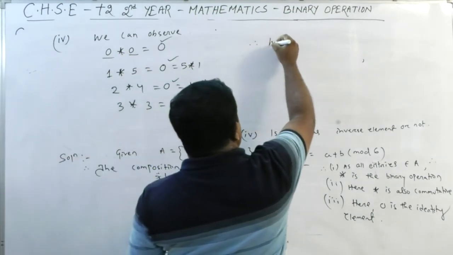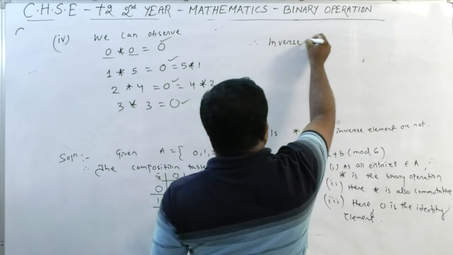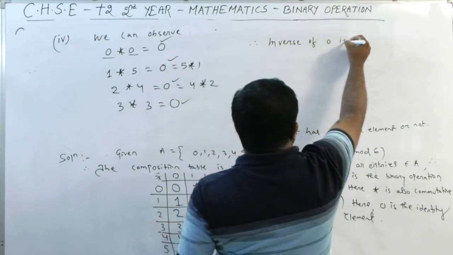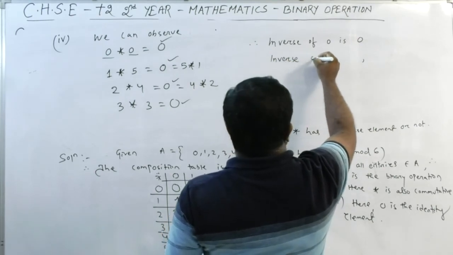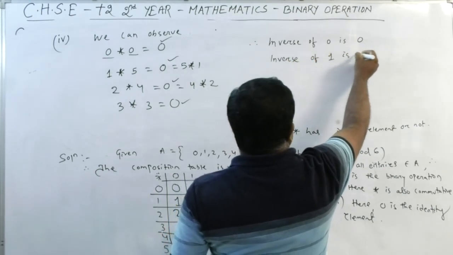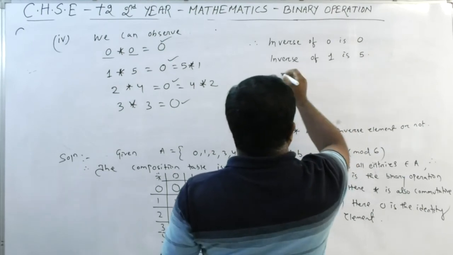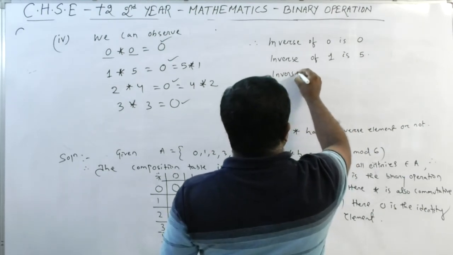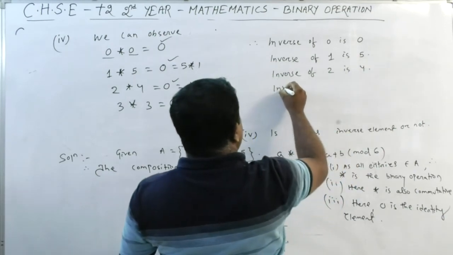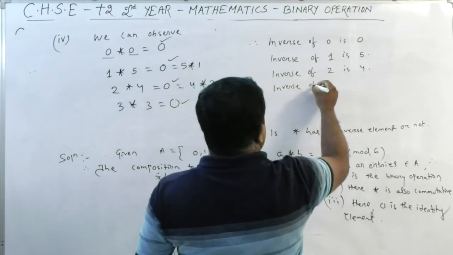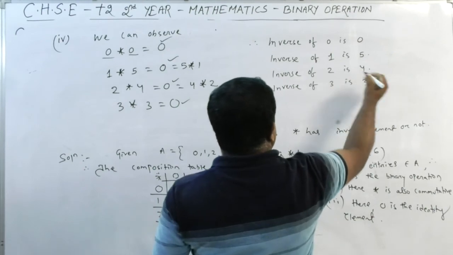Therefore, inverse of 0 is 0. Inverse of 1 is 5. Inverse of 2 is 4. Inverse of 3 is 3.